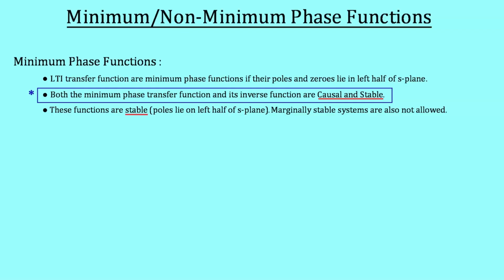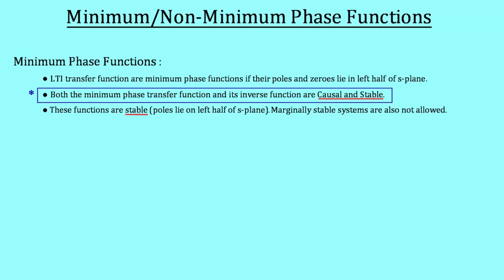But the more important definition is the second definition, which is minimum phase transfer functions are those transfer functions which, along with their inverse functions, are both causal and stable. We will be studying what causal and stable are in great depth in the subject signals and systems. But this is actually the proper definition of minimum phase transfer functions.